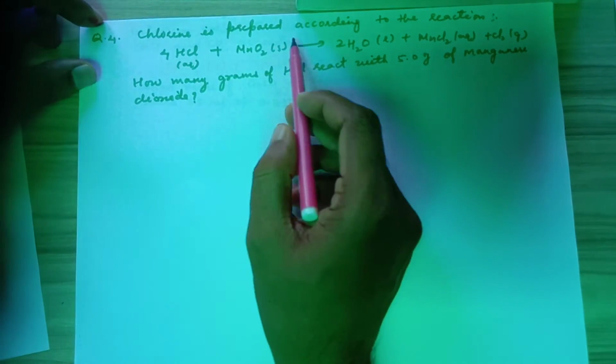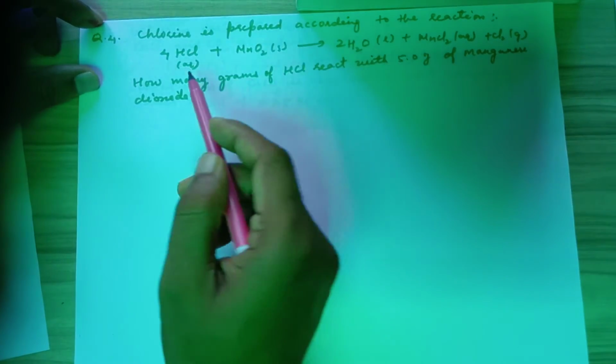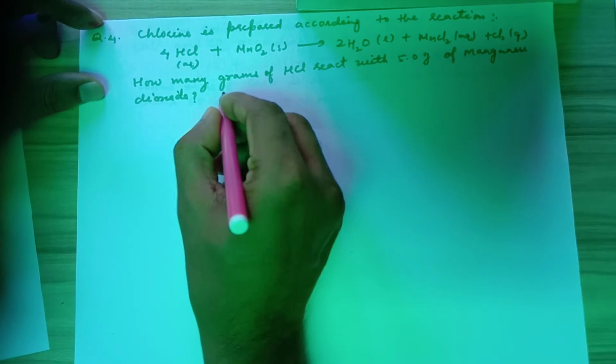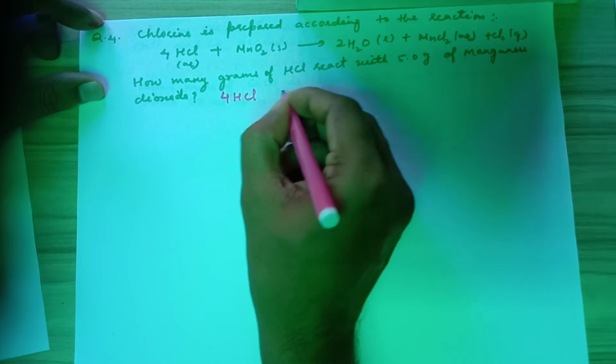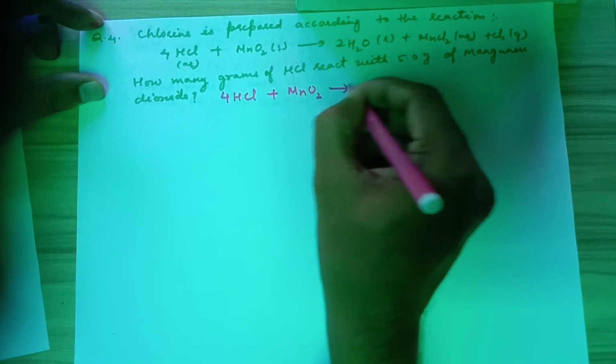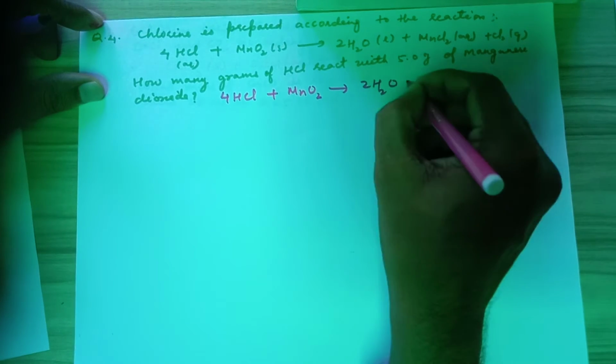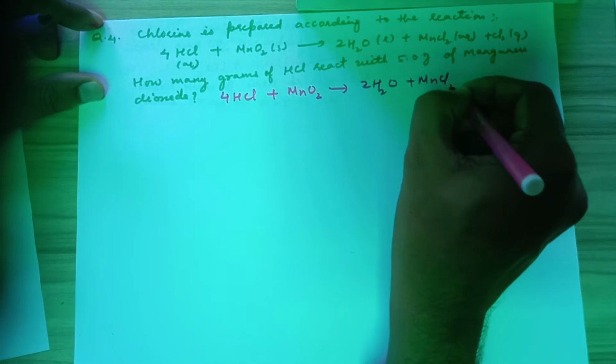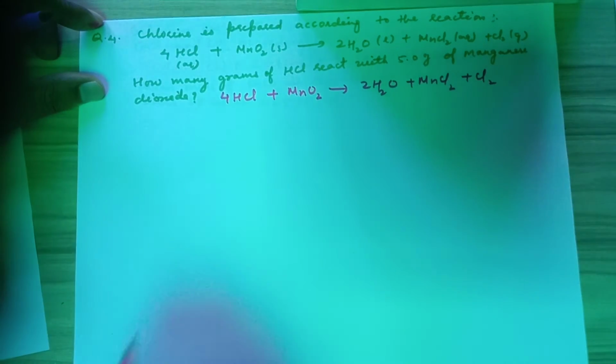Our next question is that chlorine is prepared according to the reaction 4HCl reacts with MnO2 to give 2H2O, manganese chloride and Cl2.